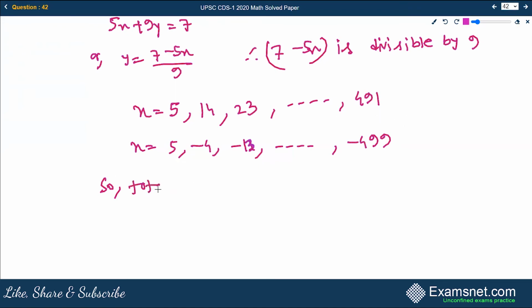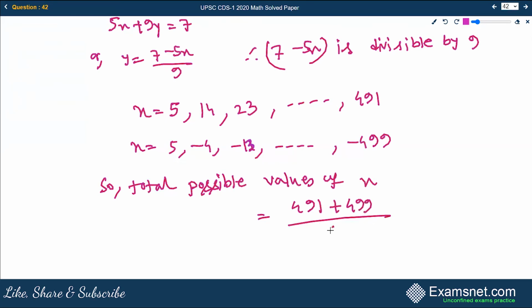So the total possible values of x is 491 minus (minus 499), so minus minus becomes plus, 499 by 9, because the common difference is 9 here, plus 1.